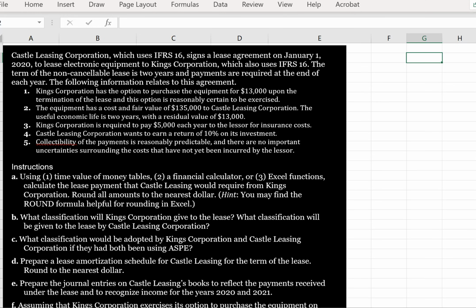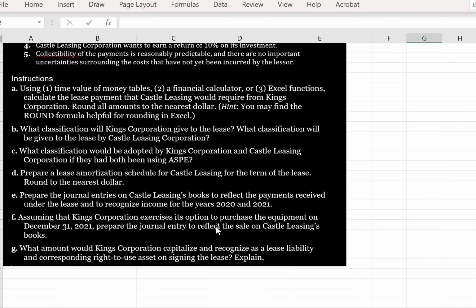Casa Leasing Corporation wants to earn a return of 10% on its investment. Collectability of the payments is reasonably predictable, and there are no important uncertainties surrounding costs that have not yet been incurred by the lessor. And we're asked to calculate the lease payment that Casa Leasing would require from King's Corporation.